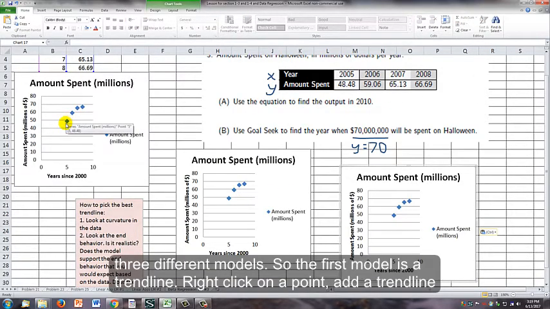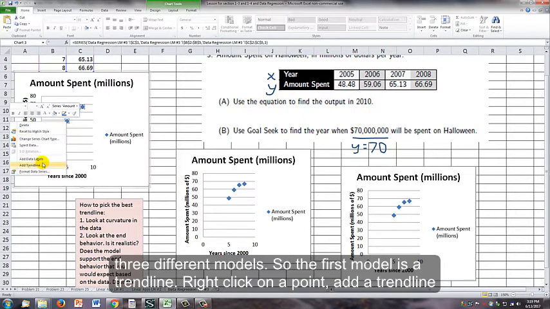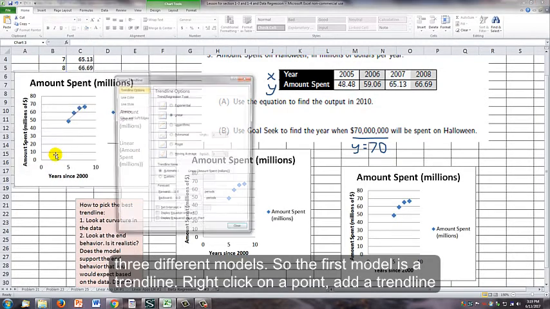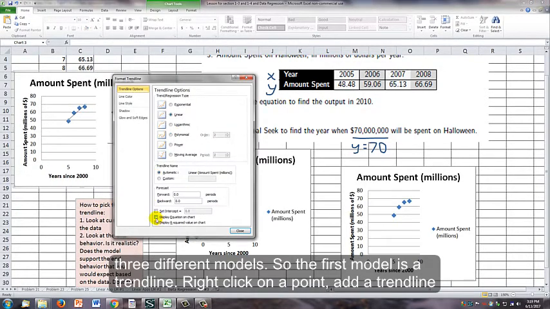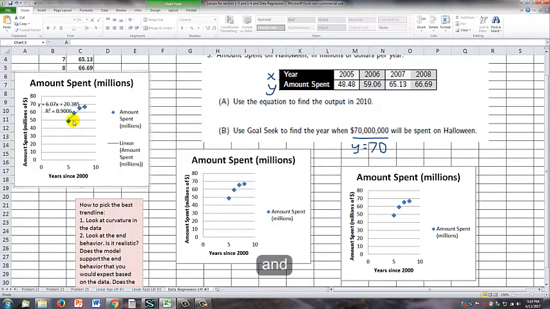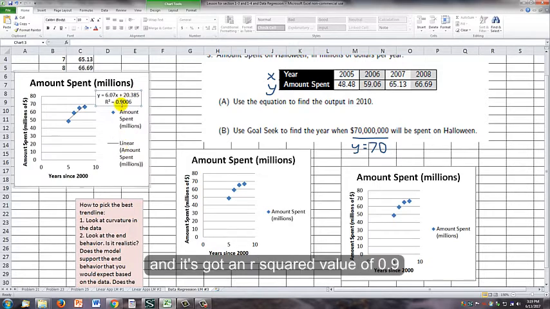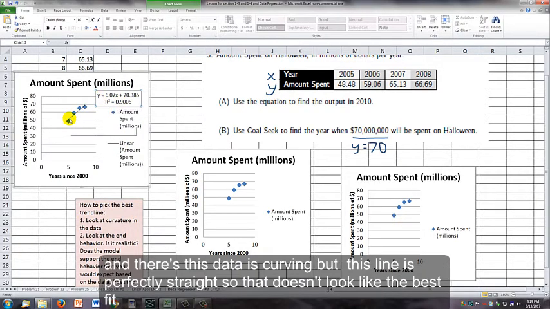So the first model is a trend line. Right click on a point, add a trend line, and we have this model here, and it's got an R-squared value of 0.9, and this data is curving, but this line is perfectly straight. So that doesn't look like the best fit.